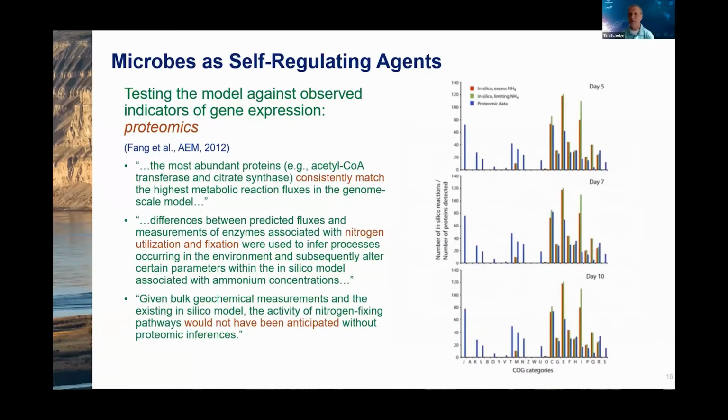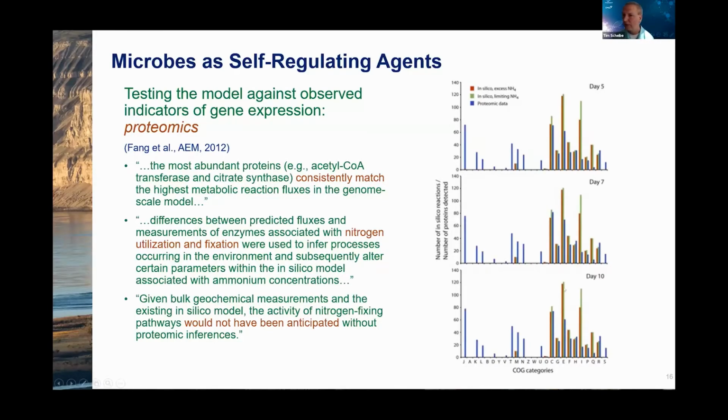Now, a really interesting work that followed up, Yulin and Steve and Mike Wilkins and some other folks did some really interesting work by testing this model at Rifle against some other omics. These are observed indicators of gene expression, proteomics, basically measuring the proteins that are observed, which indicates which pathways are actually being expressed in the field by the microorganisms.